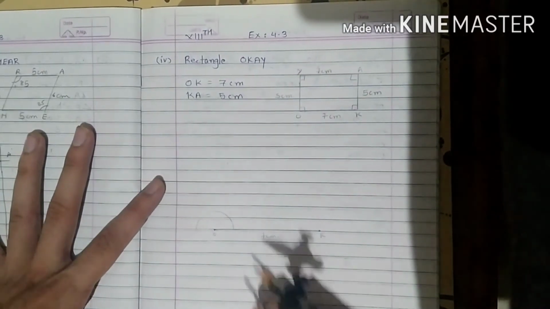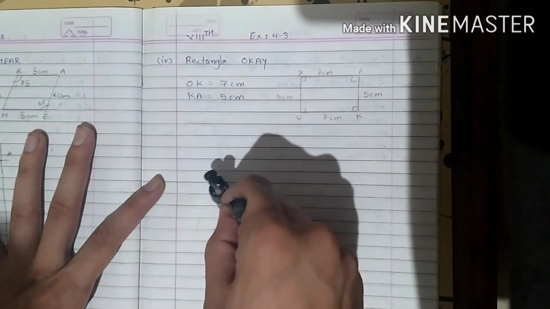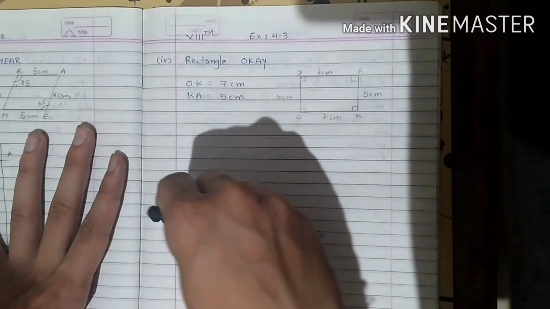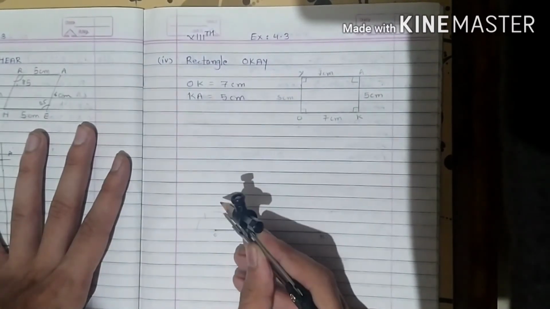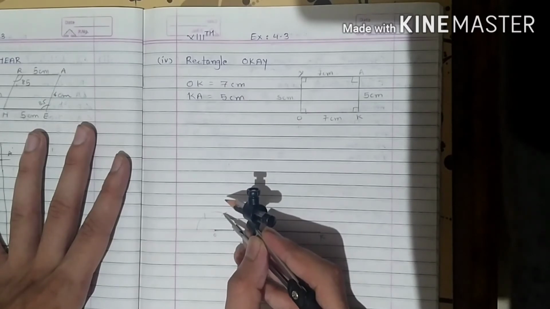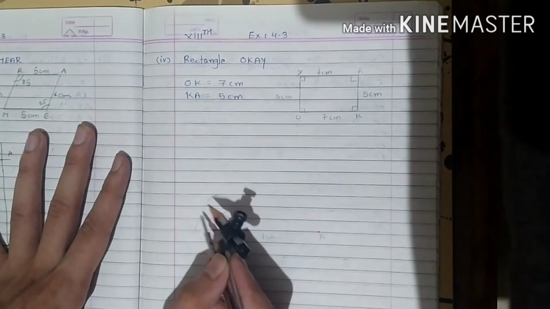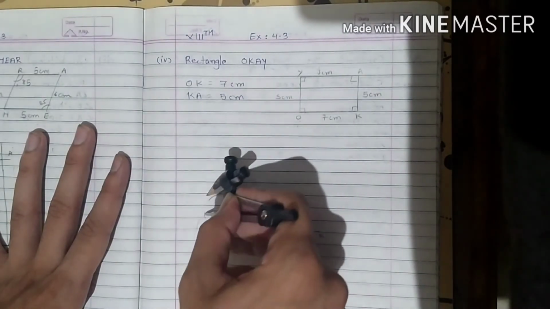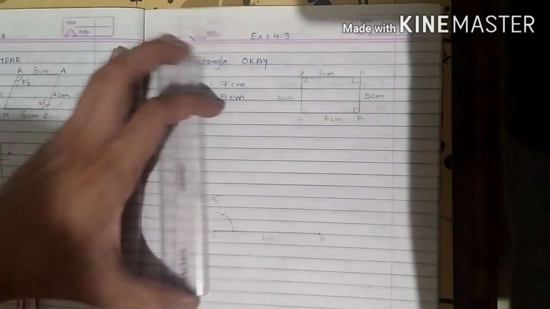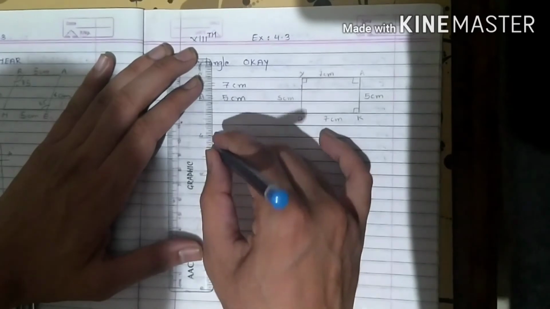Now draw angle 60, then take 60 as a center and draw angle 120, because we know that 90 degree is between 60 and 120. Now from 60 draw one arc, and from 120 bisect this arc. This is 90 degree. So at point O we draw 90.